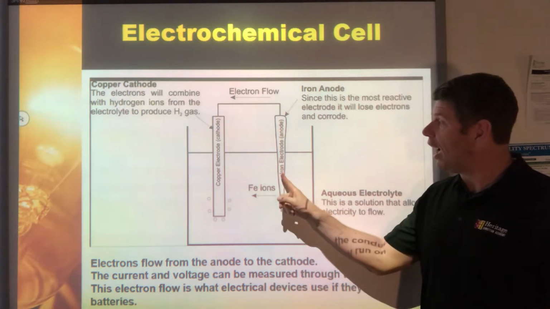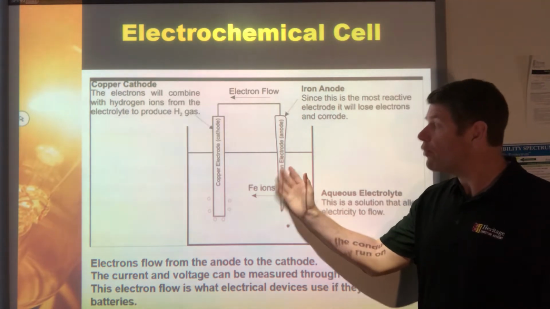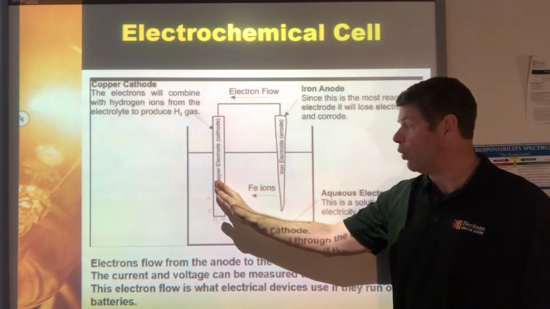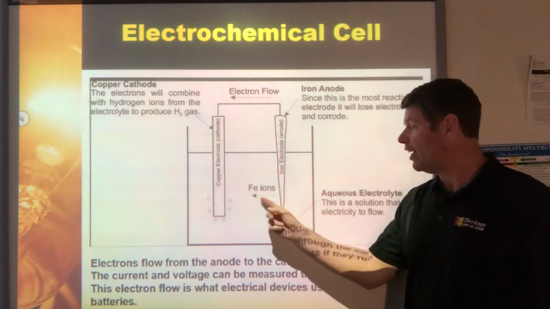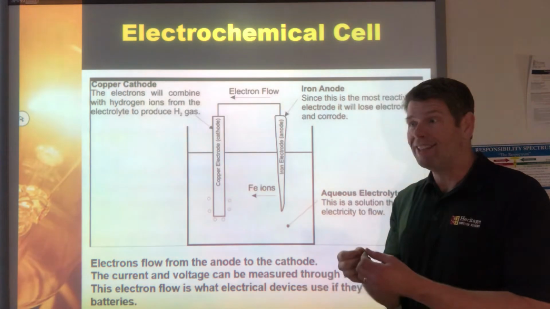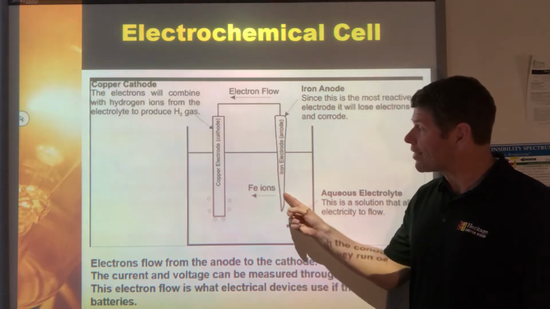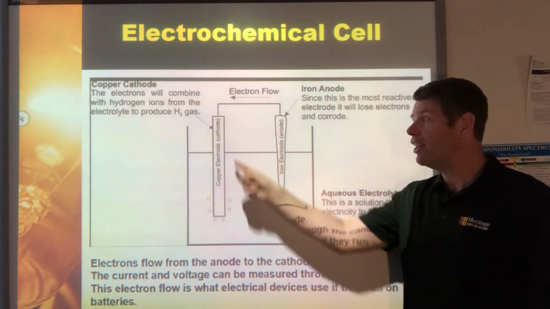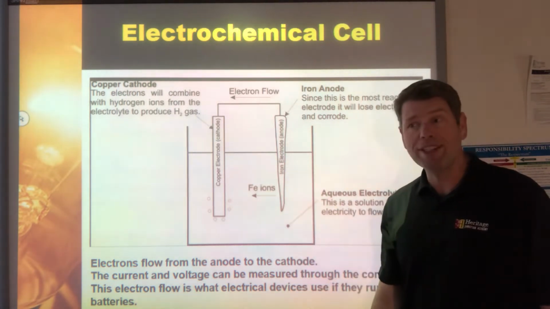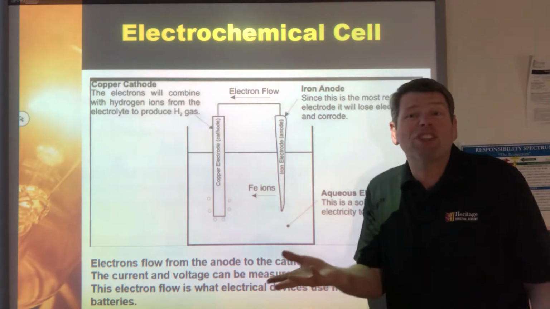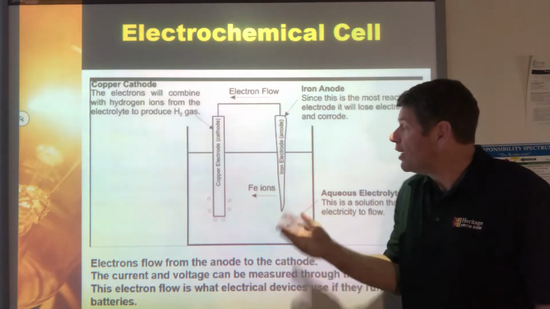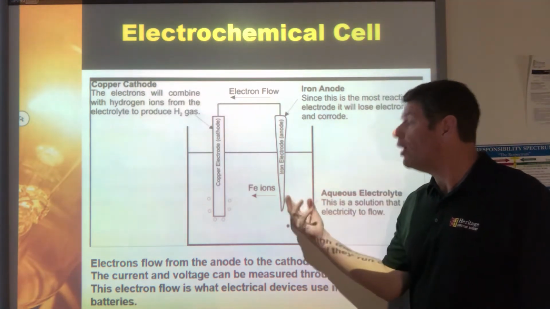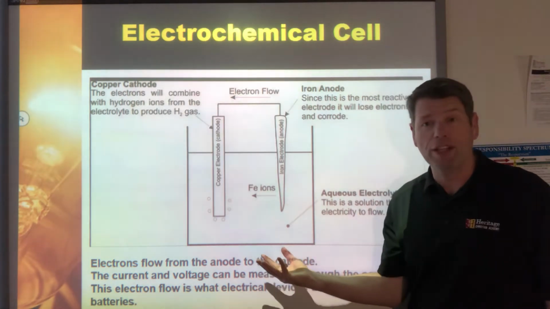As the iron solid provides the electrons that flow over to the copper electrode, the iron corrodes or disintegrates. So the mass of this electrode gets less and less as the cell continues. And guys, this is one reason that your batteries can't last forever, okay? Because eventually you run out of the metal that provides the electrons.